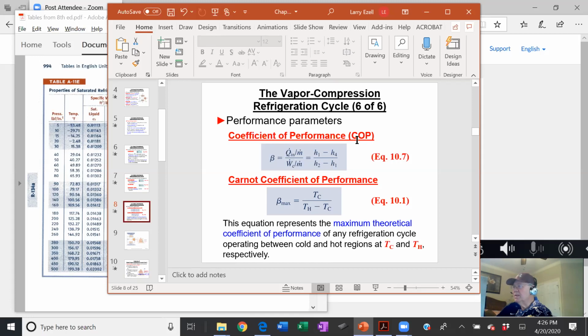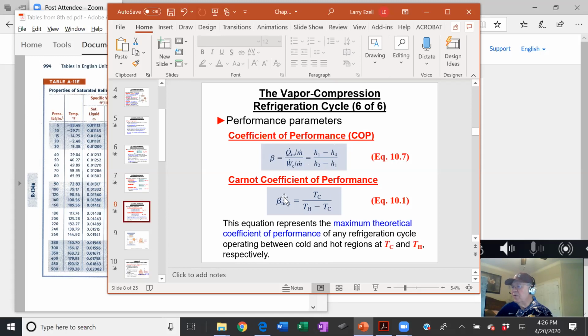But the definition of SEER is BTUs per hour on the top per watt of input power on the bottom. And there are conversion factors, so you can convert that.